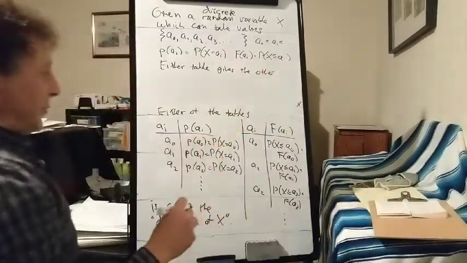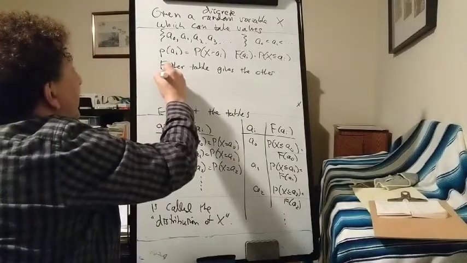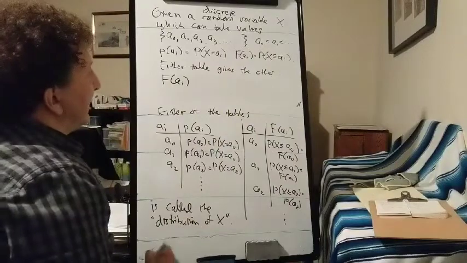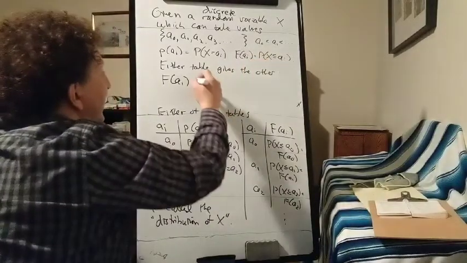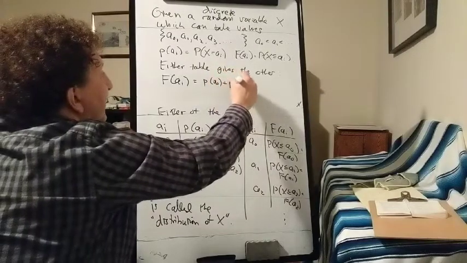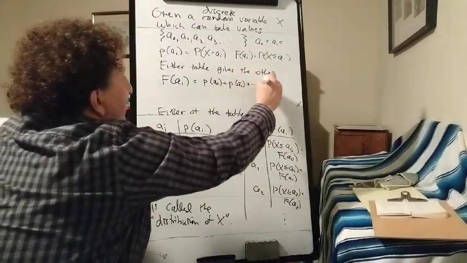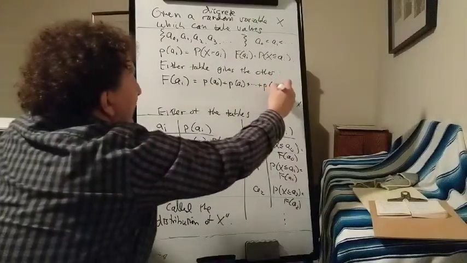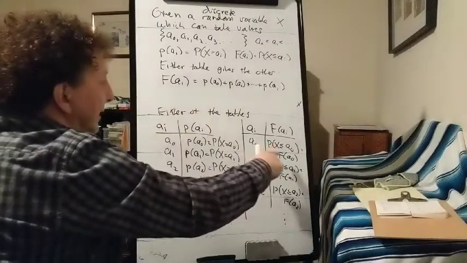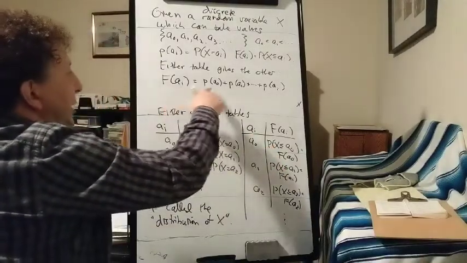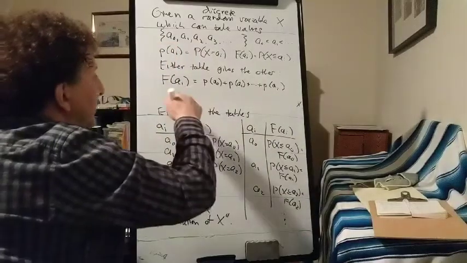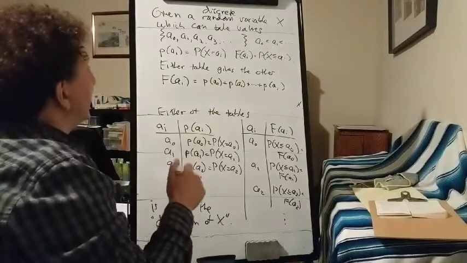And that's because if I want capital F of ai, the probability that X is less than or equal to ai, that's p of a0 plus p of a1 plus, up to p of ai. So I can get this F of ai by summing up p of different values.